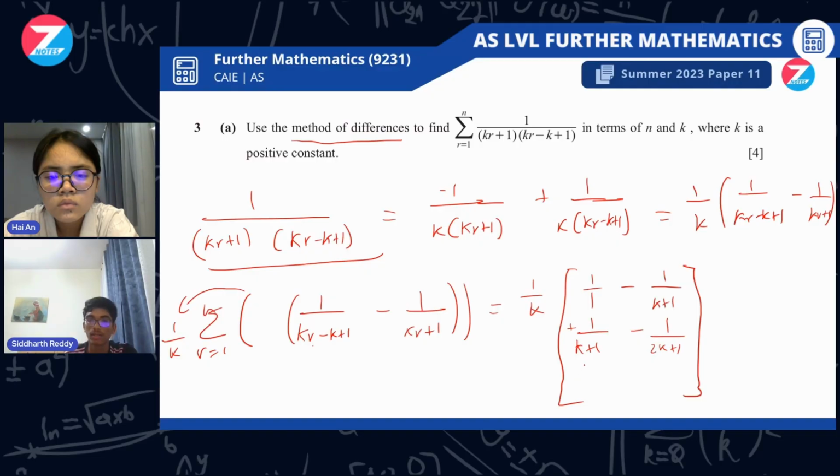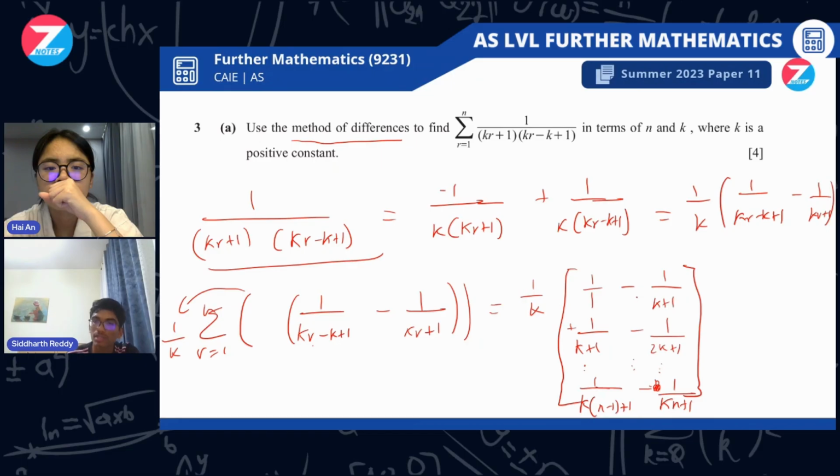And similarly, if we keep on substituting all the way up till r is equal to n, we get 1 by k into n minus 1 plus 1, minus 1 by kn plus 1.